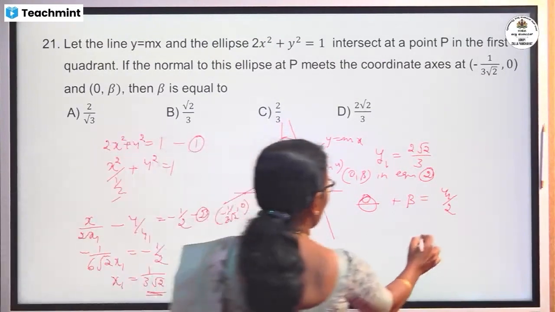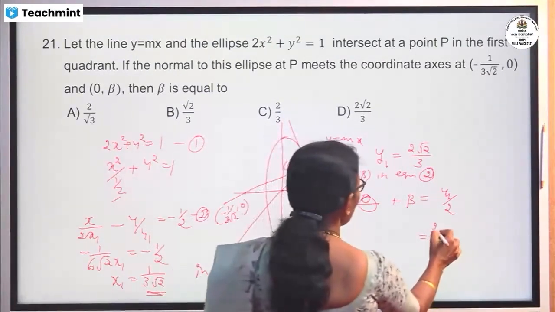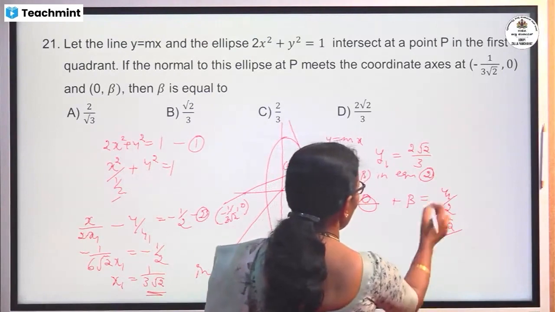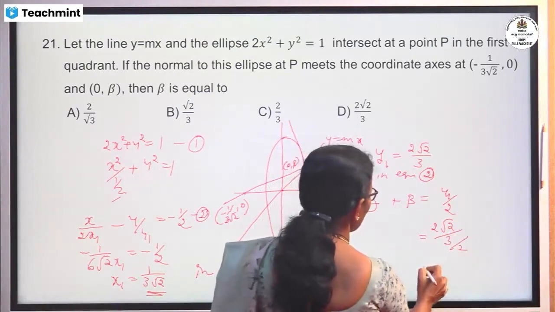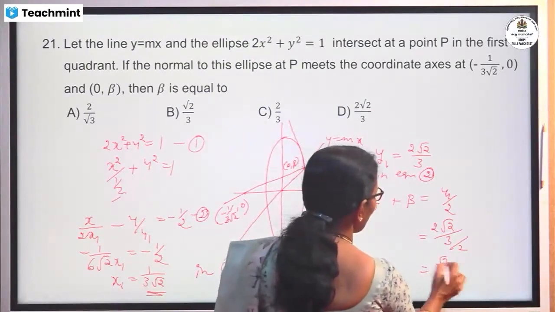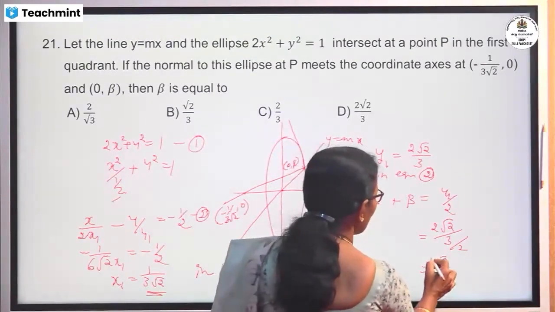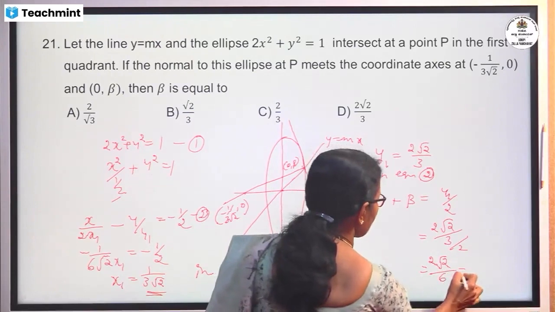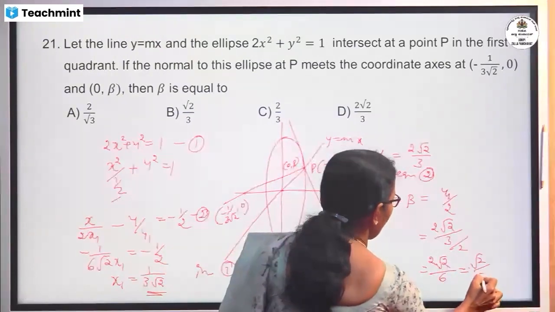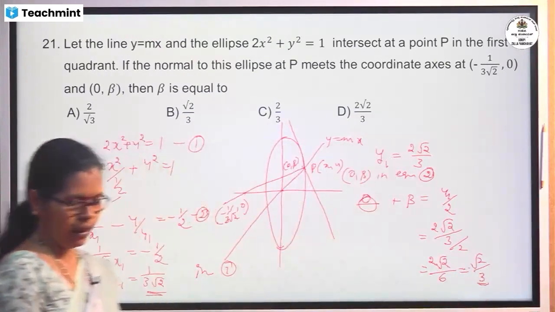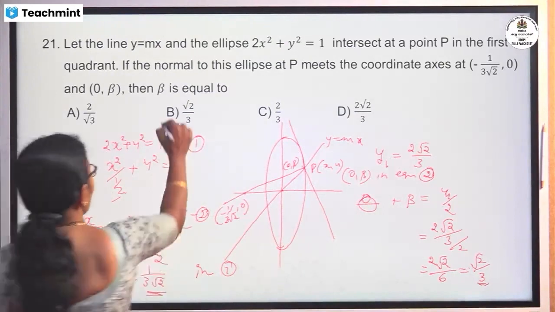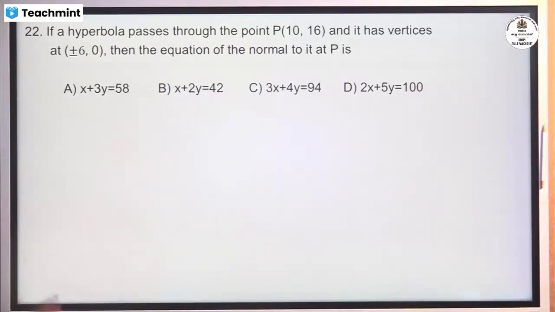That is y1 is equal to 2 root 2 divided by 3, divided by 2. Then we get root 2 by 3 is the correct answer. B is the correct option.